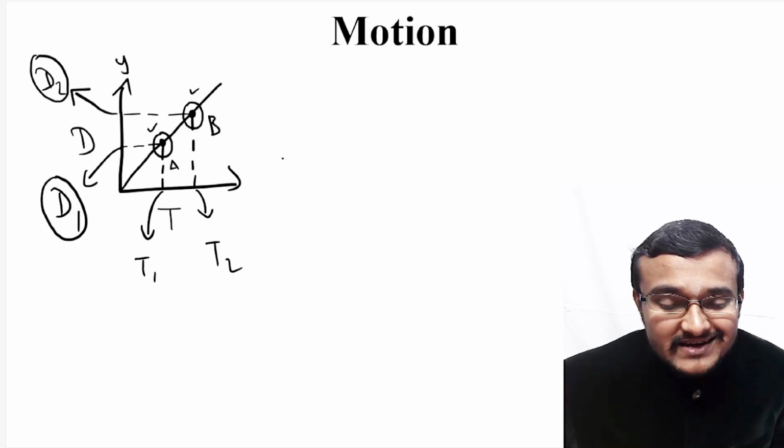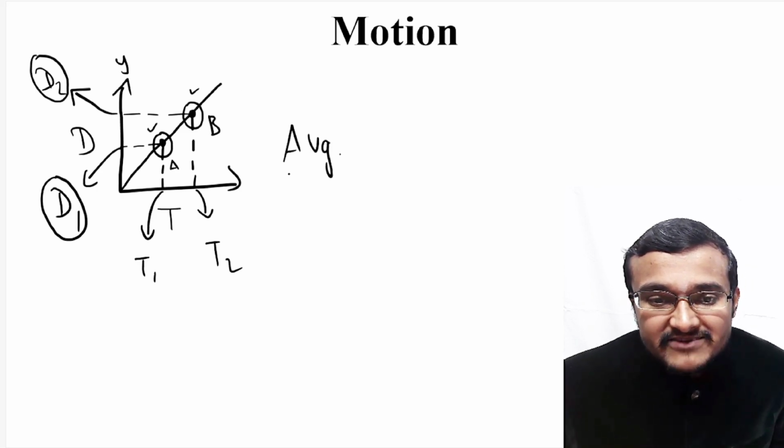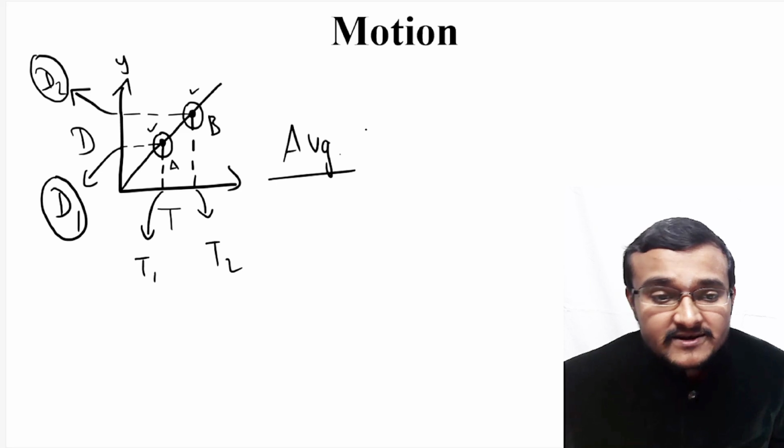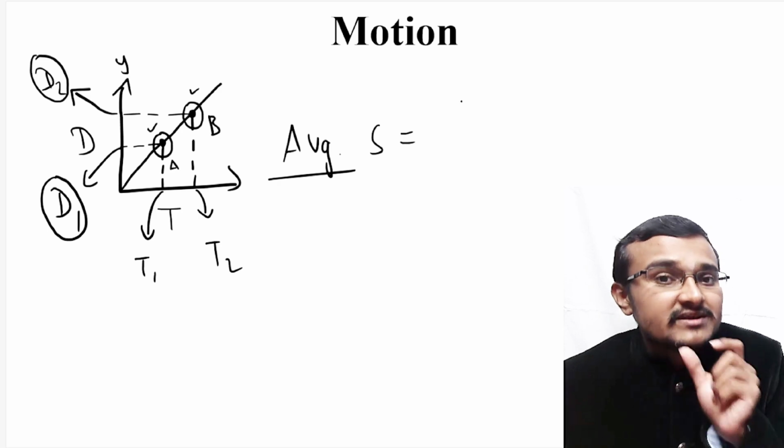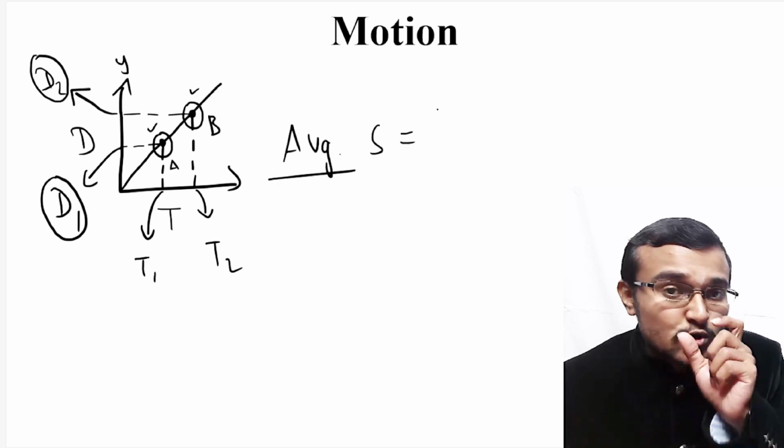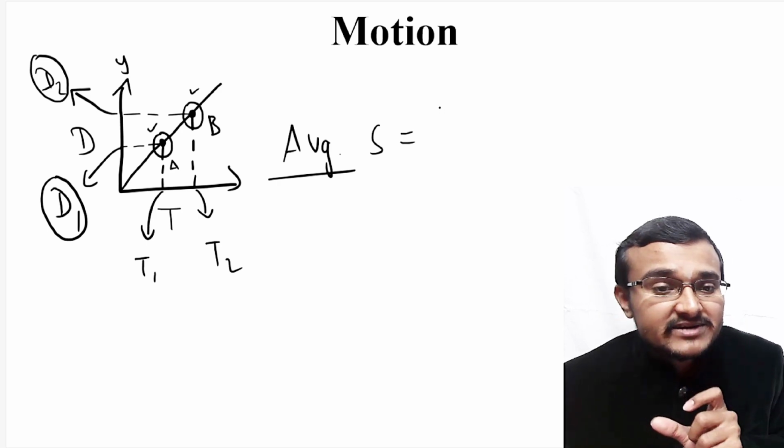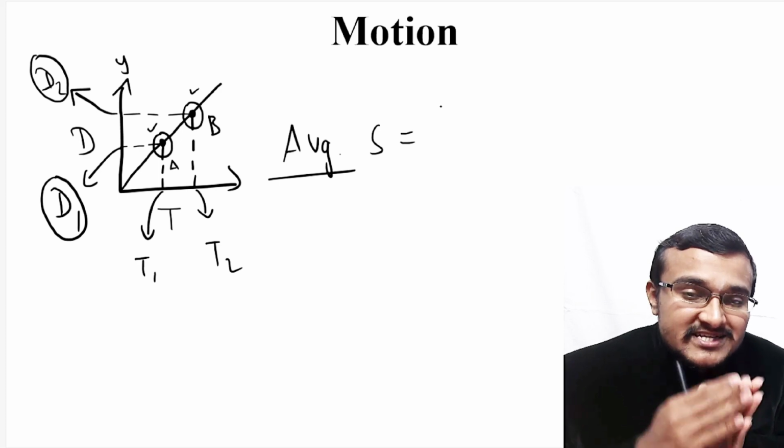Now if you want to calculate the average velocity or the average speed of this particular vehicle, that average speed will be equal to the total distance covered divided by the time taken. So what is the total distance from A to B?